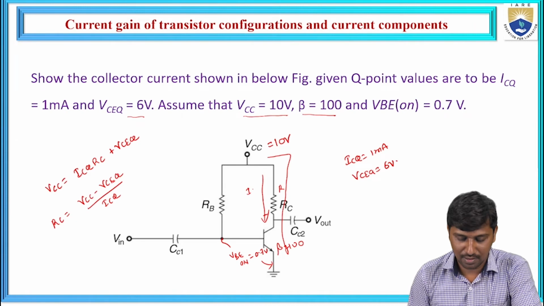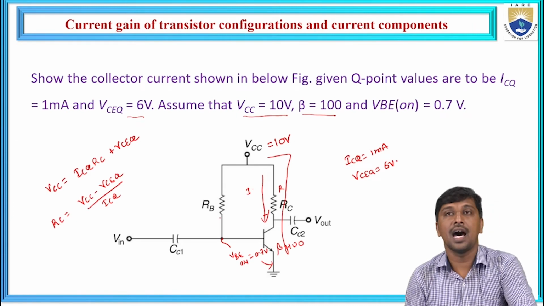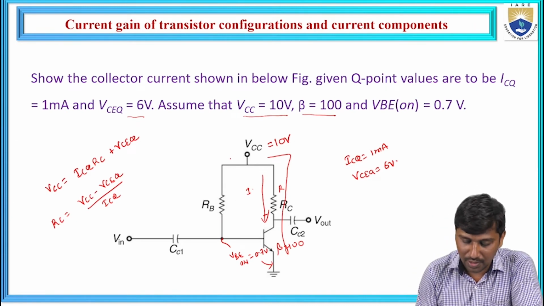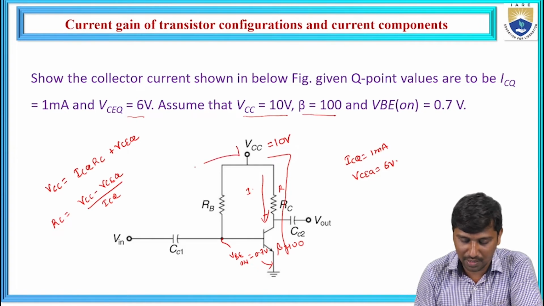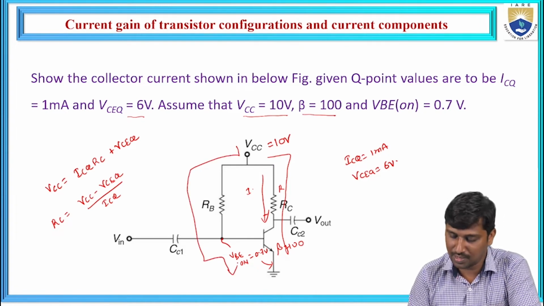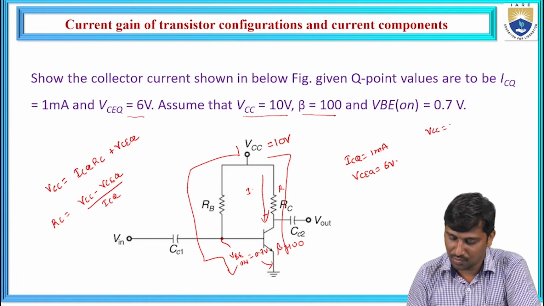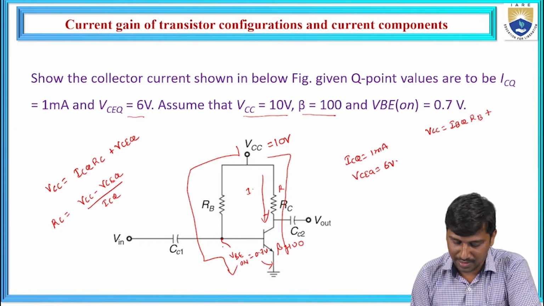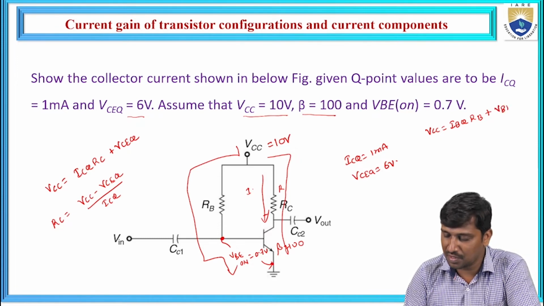Then similarly, we need to calculate RB. To observe this RB, apply KVL at the input side. How to write this? VCC is equal to IBQ times RB plus the potential difference between the base node and emitter node, which is represented as VBE on.